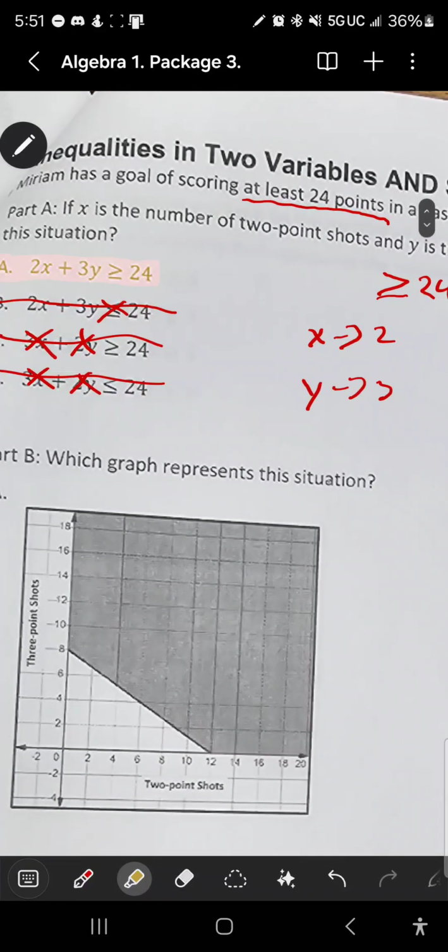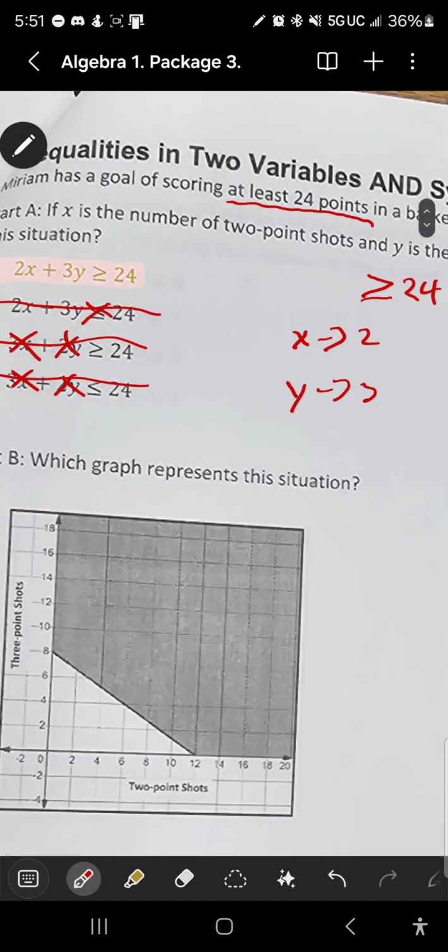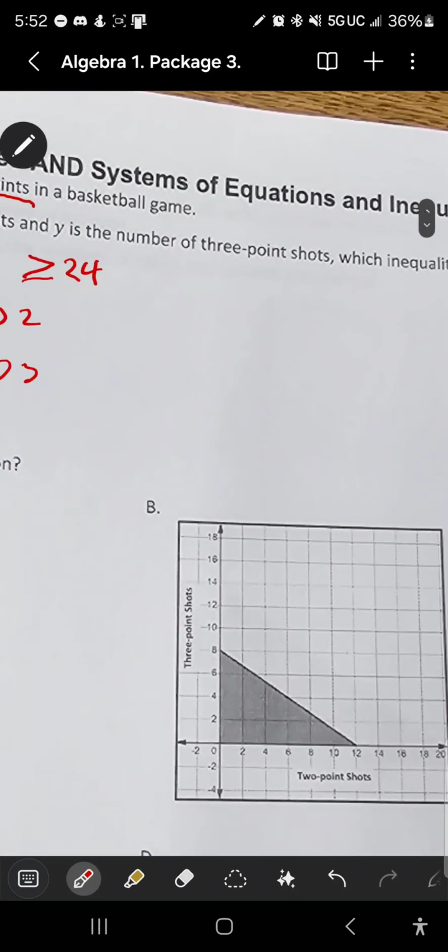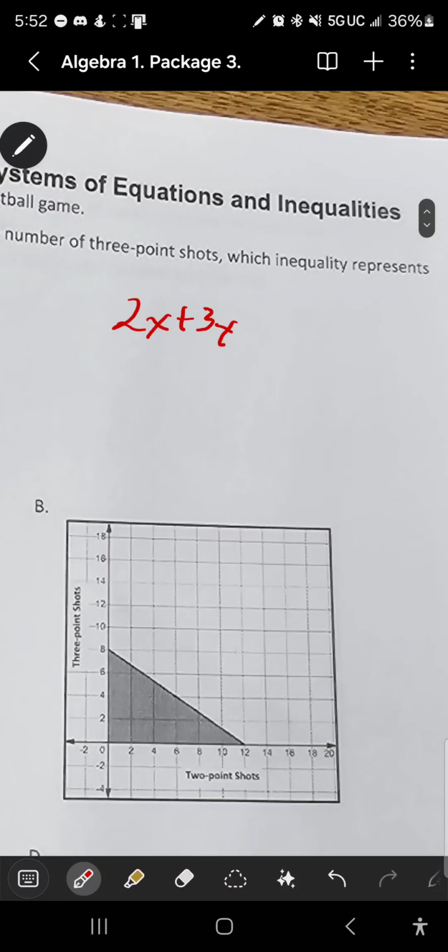Now, which graph represents the situation? What I would do is convert to the way we already know. So we have 2x plus 3y equal 24. Oh wait, greater than or equal 24.